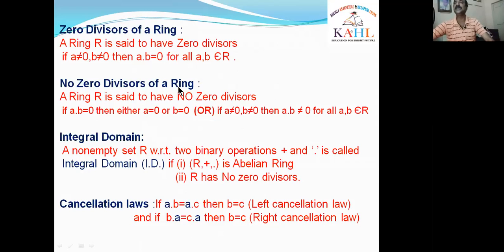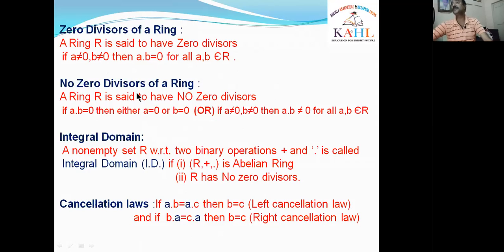That means a ring is said to have no zero divisors when it satisfies this condition. Friends, kindly follow the cursor. If A not equal to 0, B not equal to 0, then AB not equal to 0. In zero divisors, we observe that A not equal to 0, B not equal to 0, AB equal to 0.